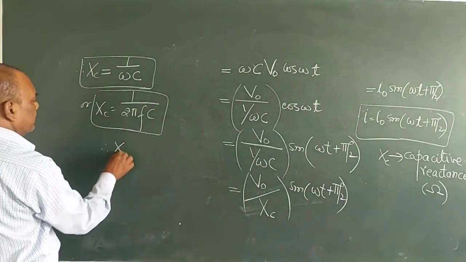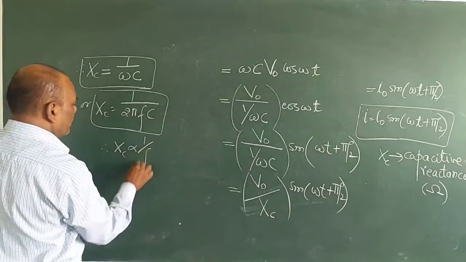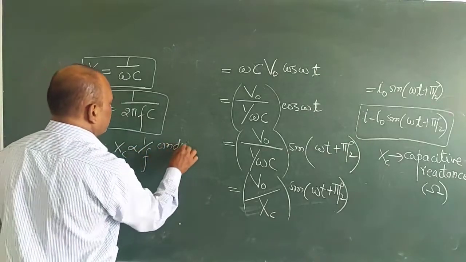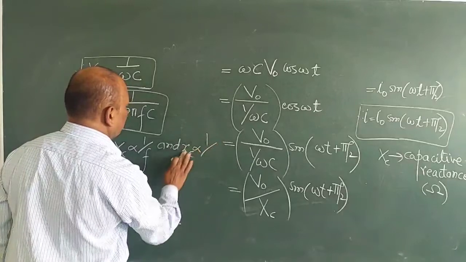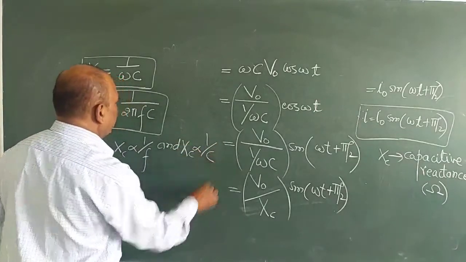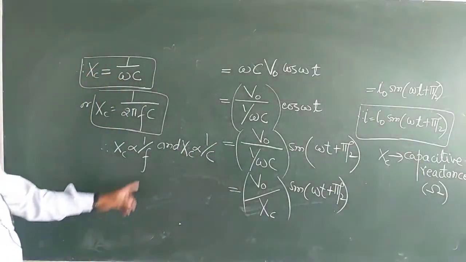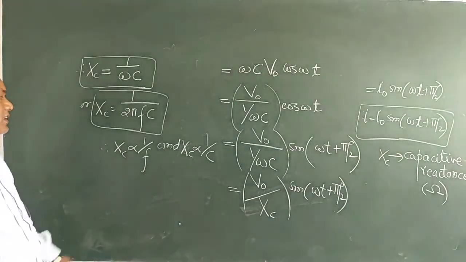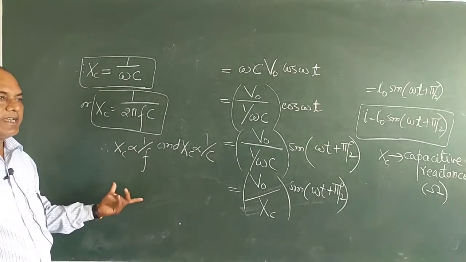Therefore, we can say XC is proportional to 1 by F and XC is proportional to 1 by C. When frequency increases, the capacitive reactance decreases.